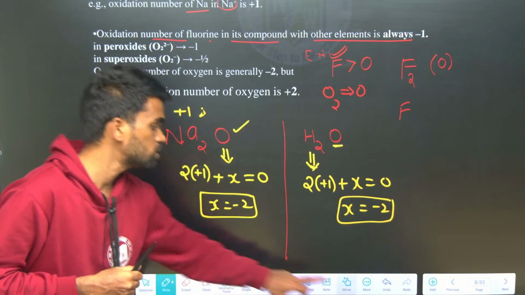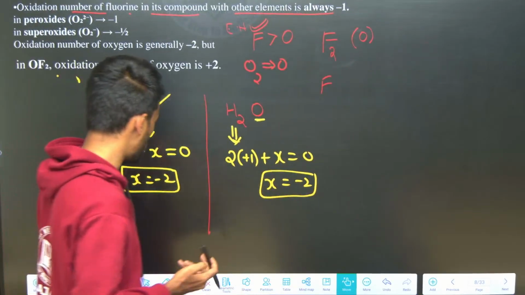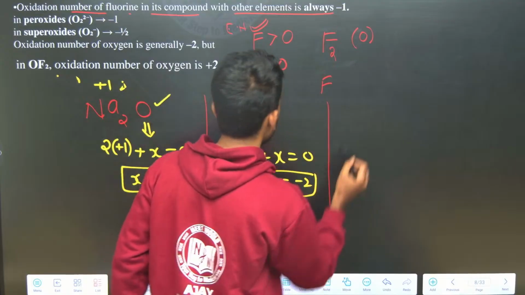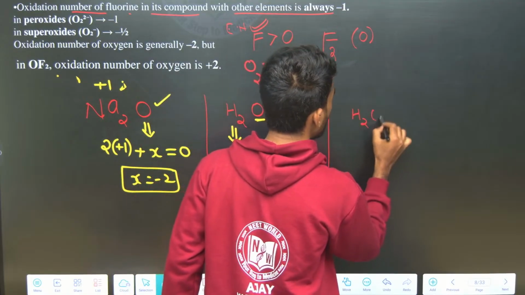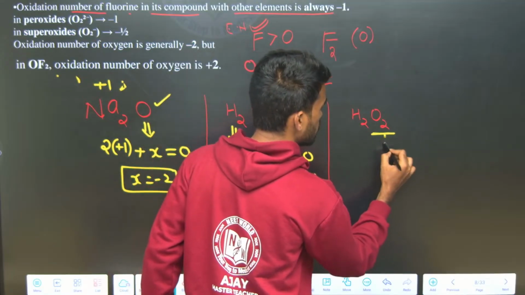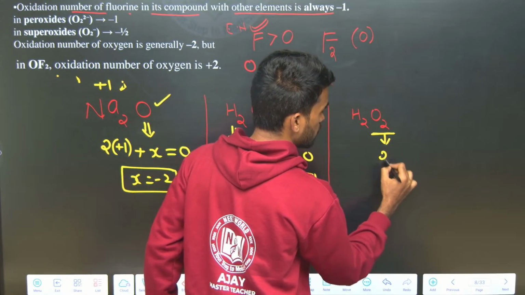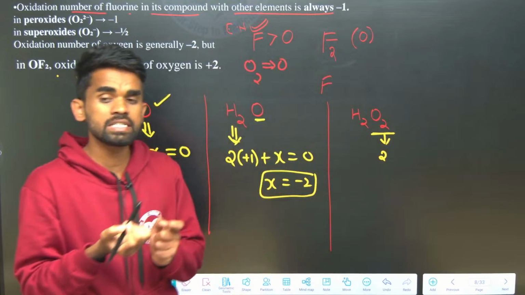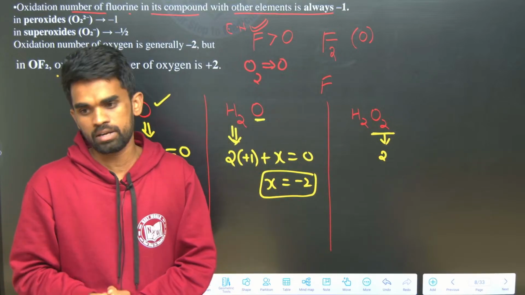Right. One more thing here, I am writing hydrogen peroxide. Hydrogen peroxide means H2O2. Now tell me here, how many oxygen atoms are there? 2 are there. So I want the oxidation state of one oxygen atom.